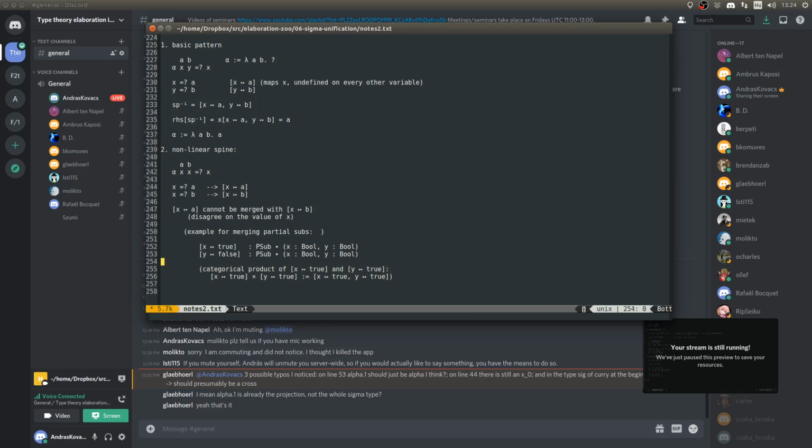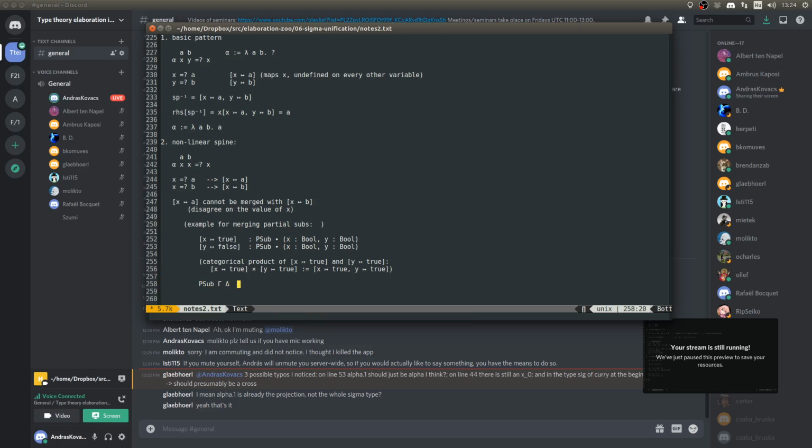The reason is that if I have p sub from gamma to delta, the set of partial substitutions from gamma to delta, it is partially ordered by definedness. One partial substitution can be more defined than another.